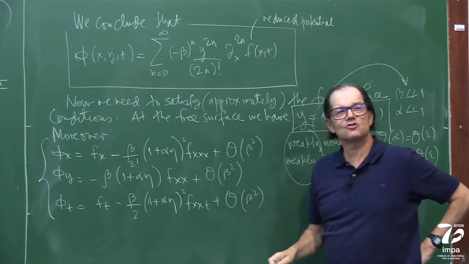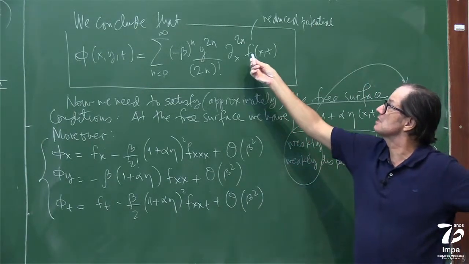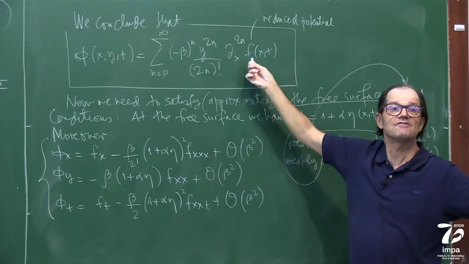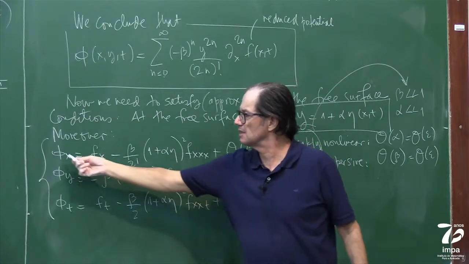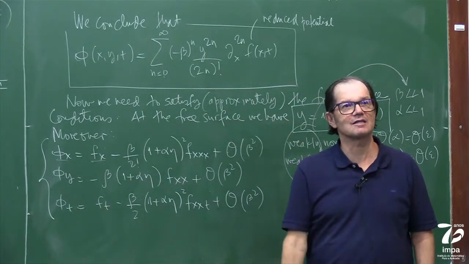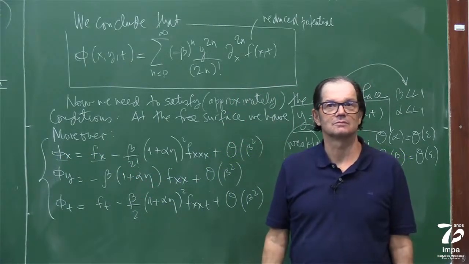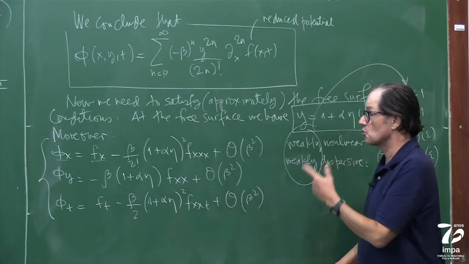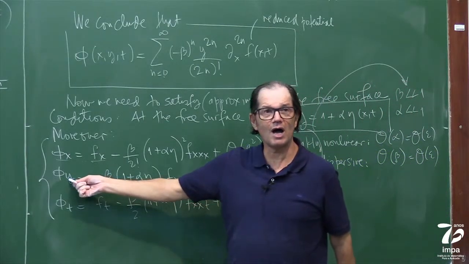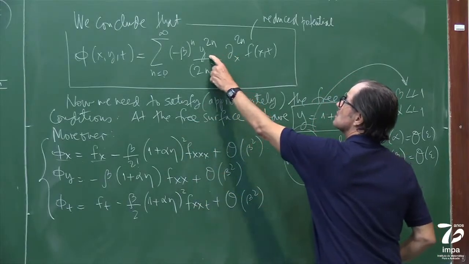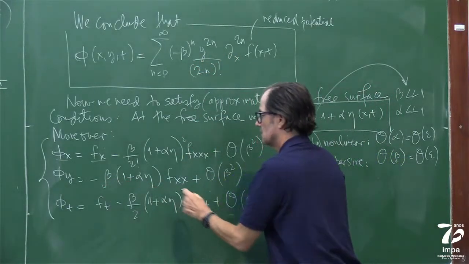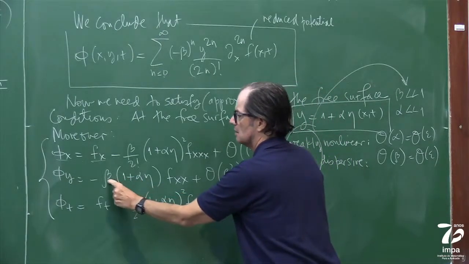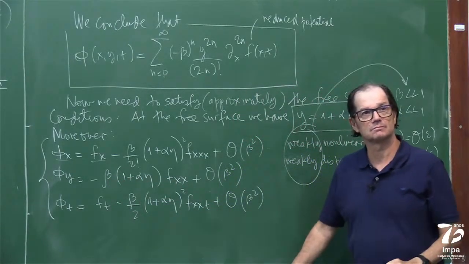It's not quite a potential, but basically the reduced potential, because the derivative of this, df dx at the bottom, which is this guy here, is the horizontal speed at the bottom. The u at the bottom. So when I do the derivative in y, you differentiate this in y, get the first terms, it's this. So you see order beta and order alpha beta.